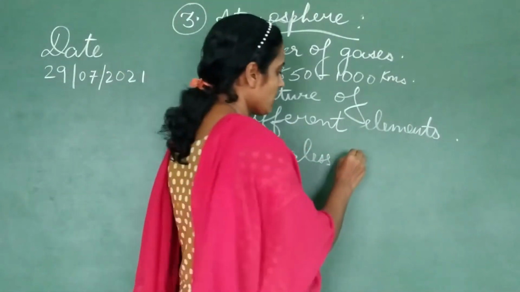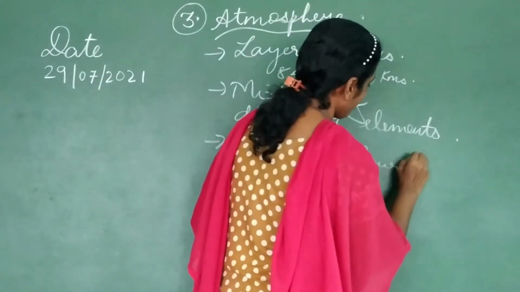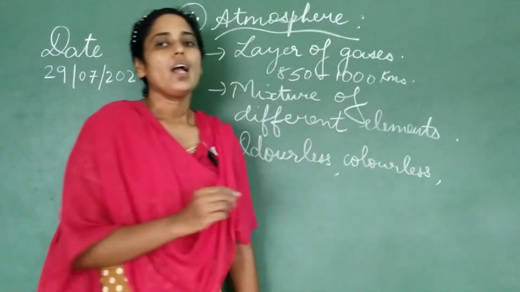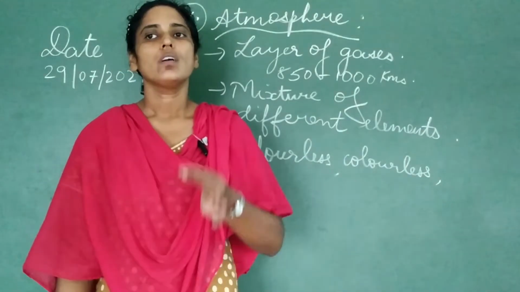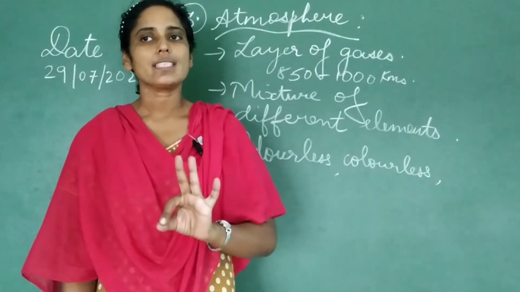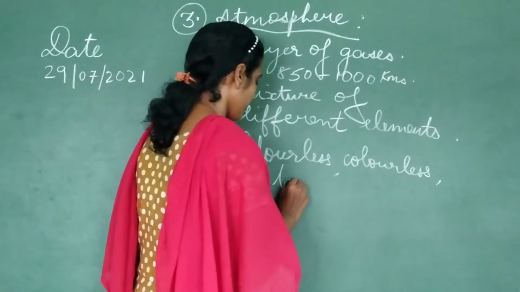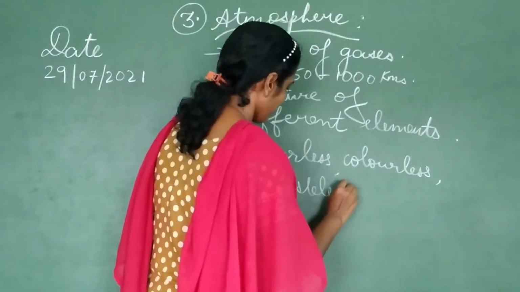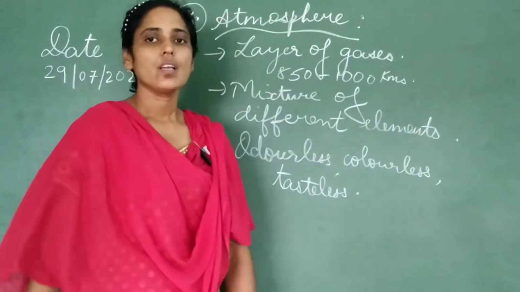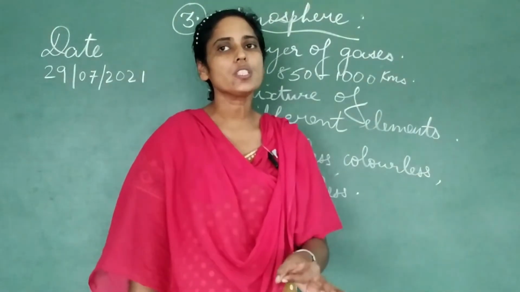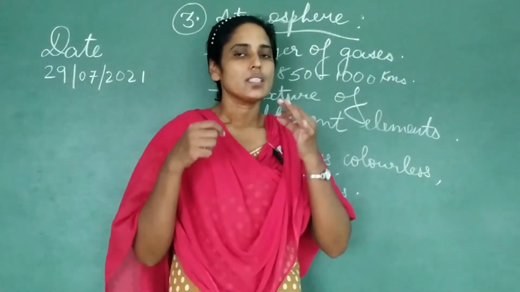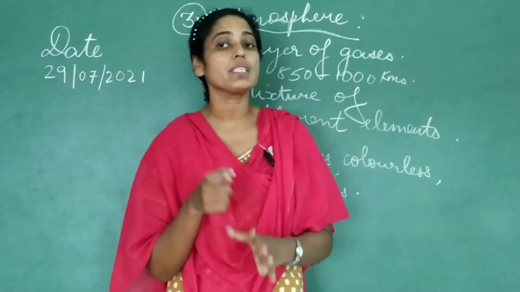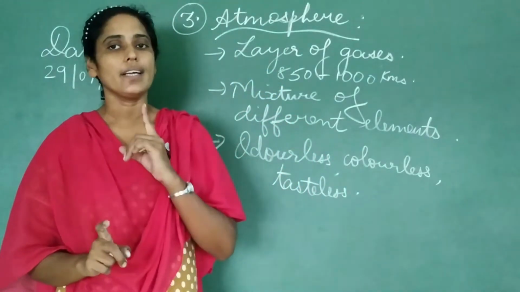It is colorless, no specific color. Okay students, so we can see that atmosphere is such a sphere which can't be seen with our naked eyes.